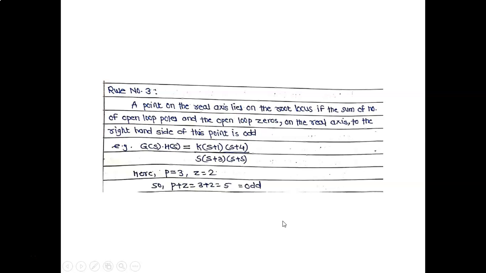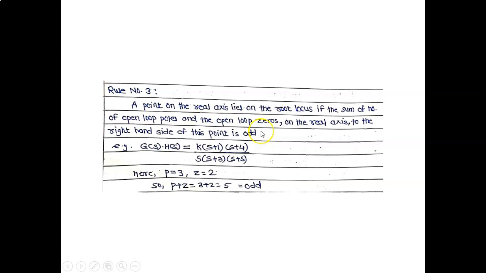Now rule number 3: a point on the real axis lies on the root locus if the sum of the number of open loop poles and open loop zeros on the real axis to the right hand side of this point is odd.